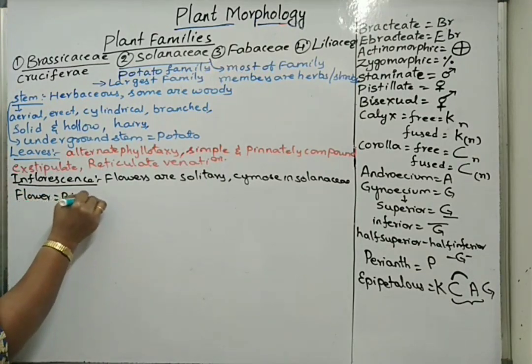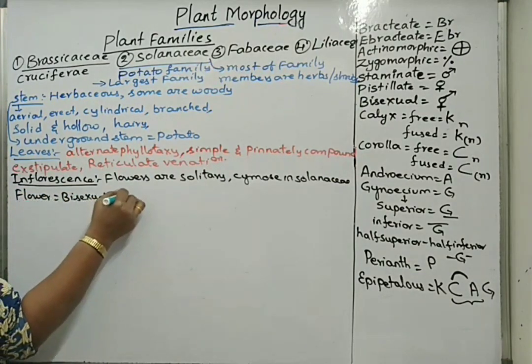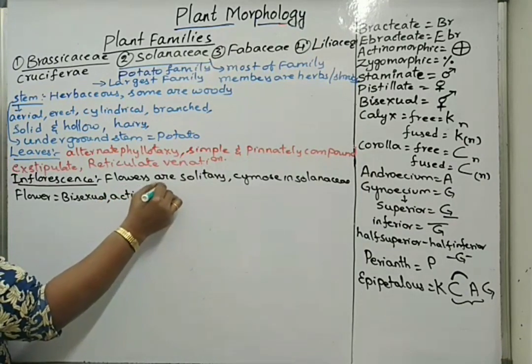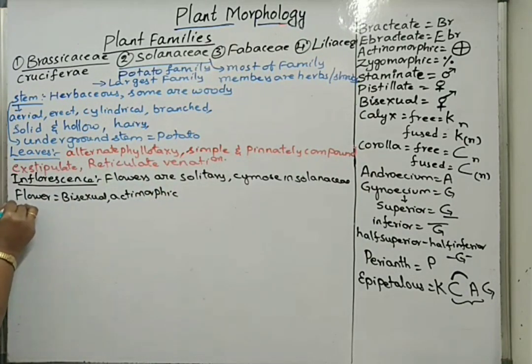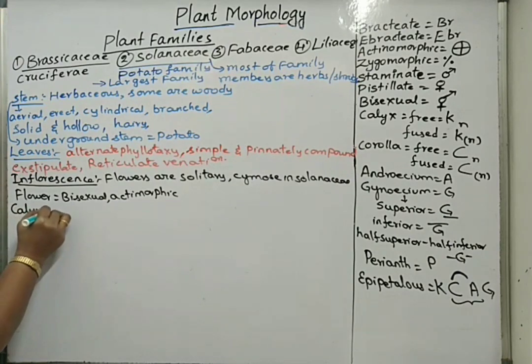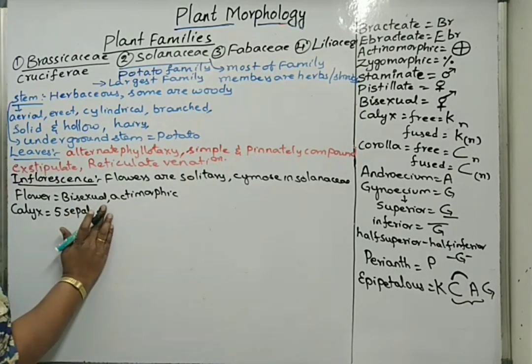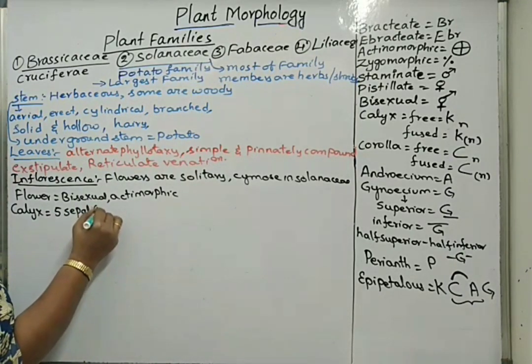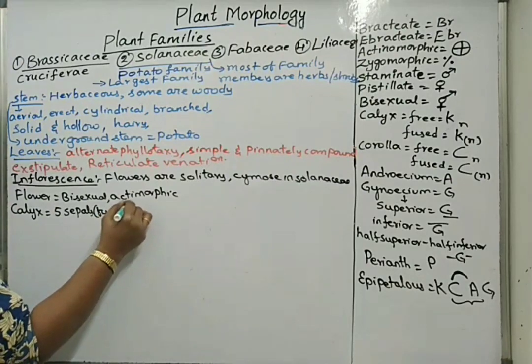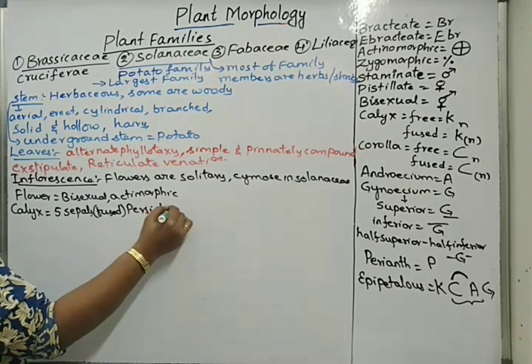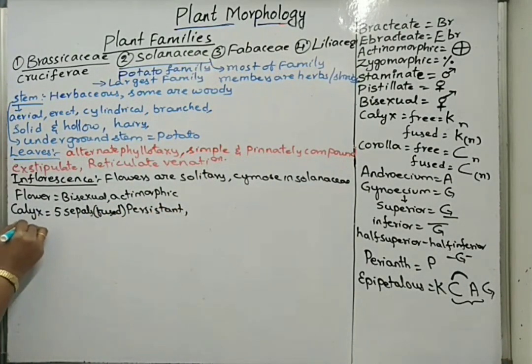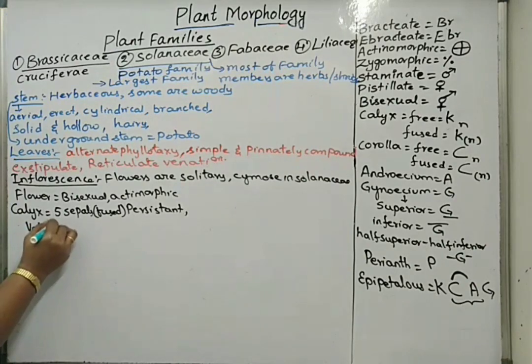Flowers are bisexual and actinomorphic. Next, calyx is having 5 sepals. They are fused. The calyx is persistent, with valvate aestivation.